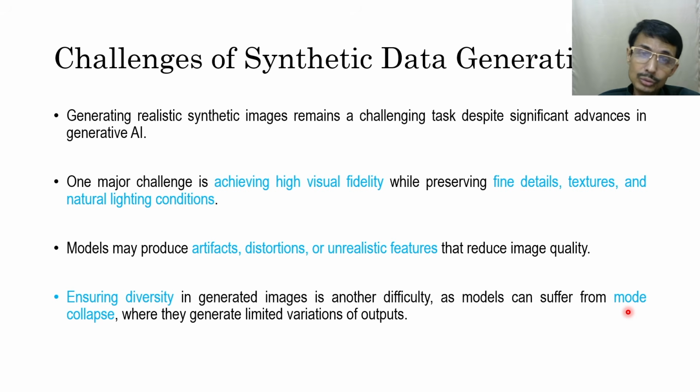So how do we solve this? We are generating data or images that follow a distribution, but there should be some diversity among the generated images. That is one of the major challenges.